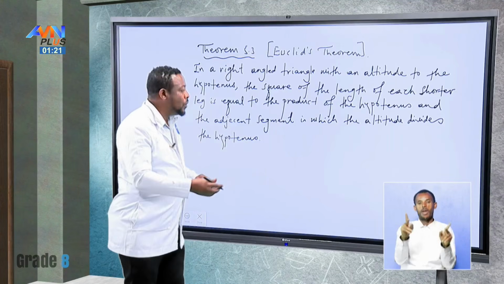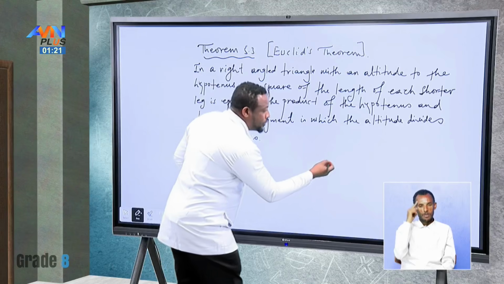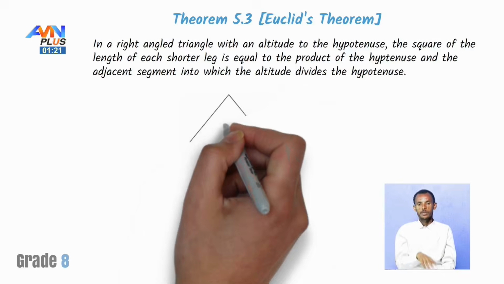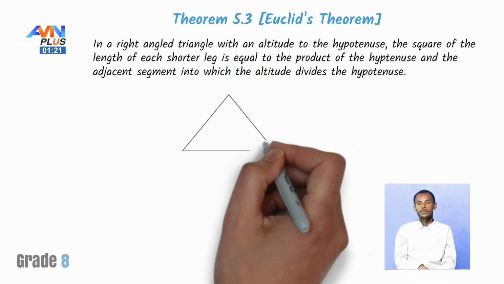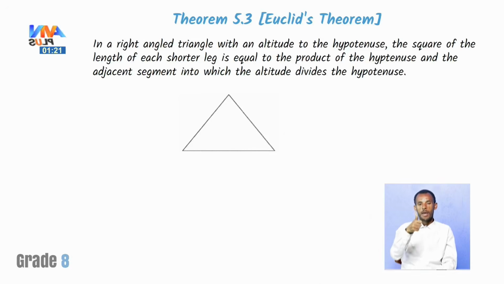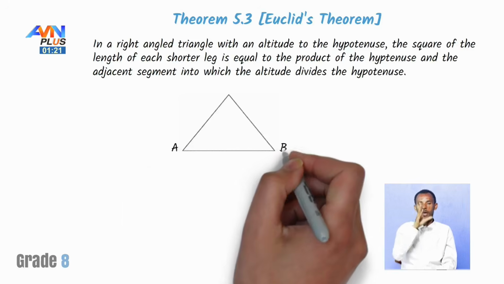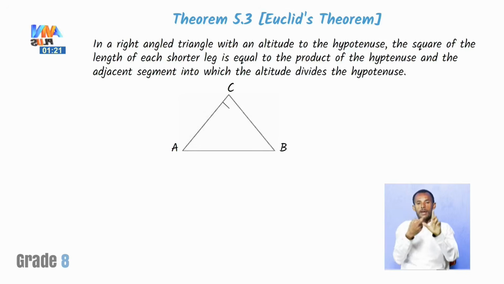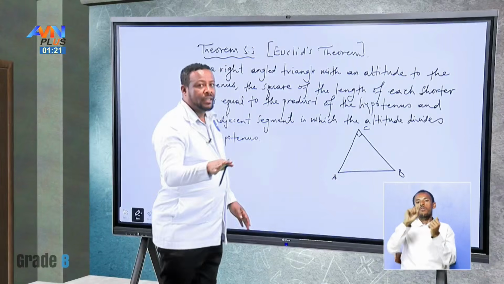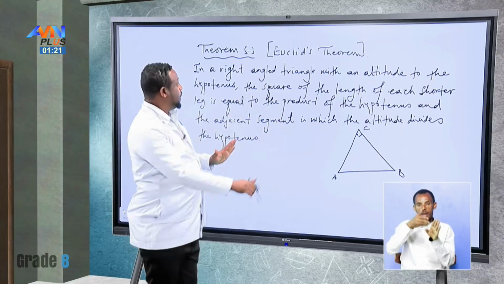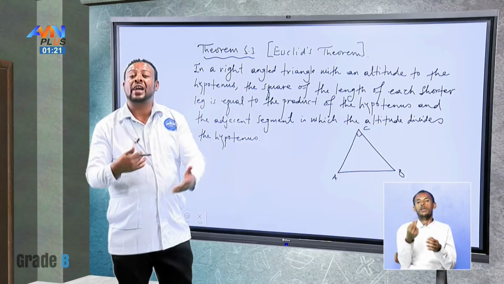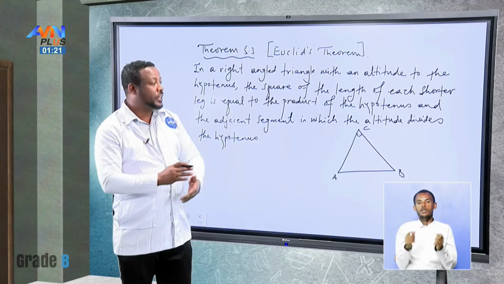So suppose we have a certain triangle with vertices A, B, C, and this triangle should be a right-angled triangle. Say it forms 90 degrees at C. The first thing, this Euclid's theorem is applicable whenever you have a right-angled triangle.